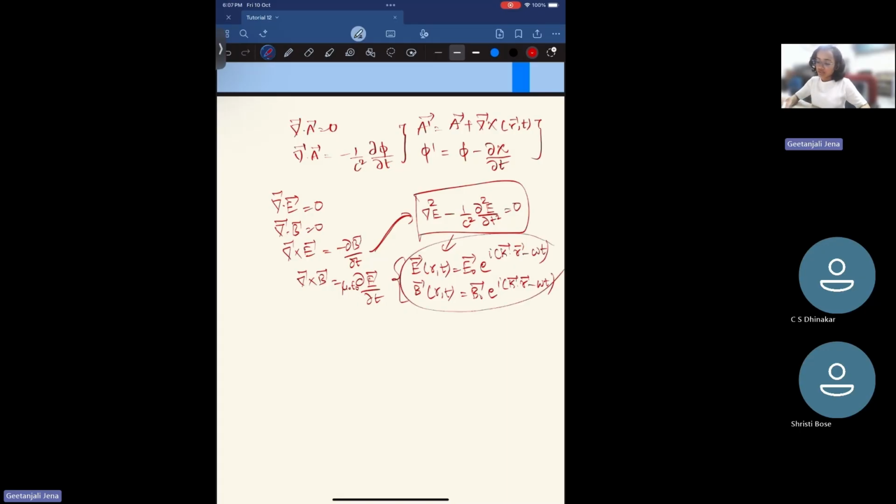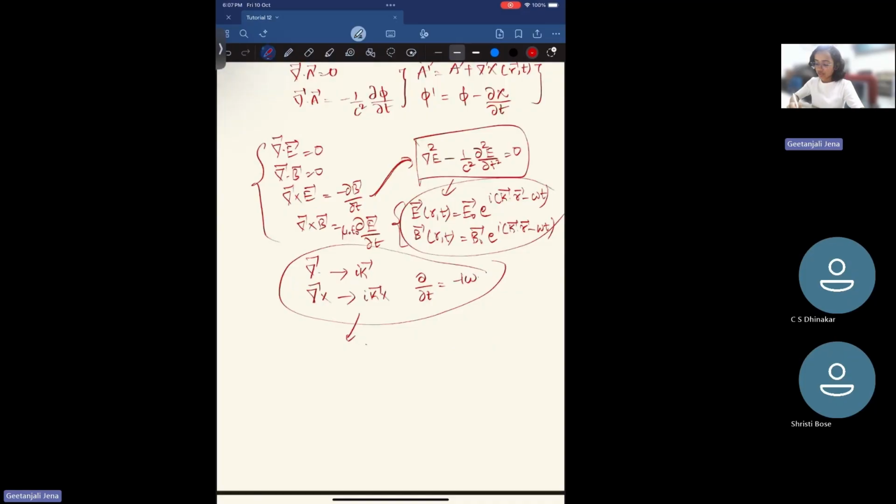If you use this solution to simplify Maxwell's equations, you can write del dot as i k dot, del cross as i k cross, and dou by dou t as minus i omega.